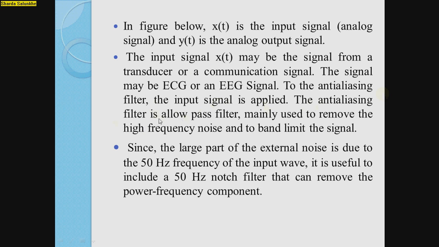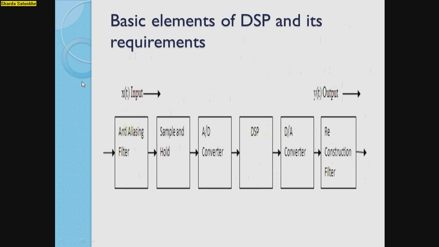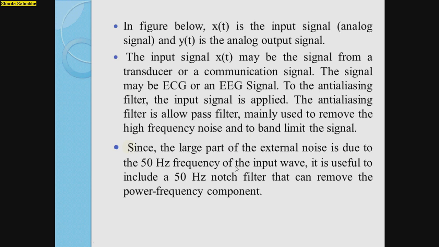The anti-aliasing filter is a low pass filter, mainly used to remove the high frequency noise to band limit the signal. So when this signal X of t, the analog input signal, is fed to the anti-aliasing filter, the high frequency components are removed and the low frequency components will be passed.